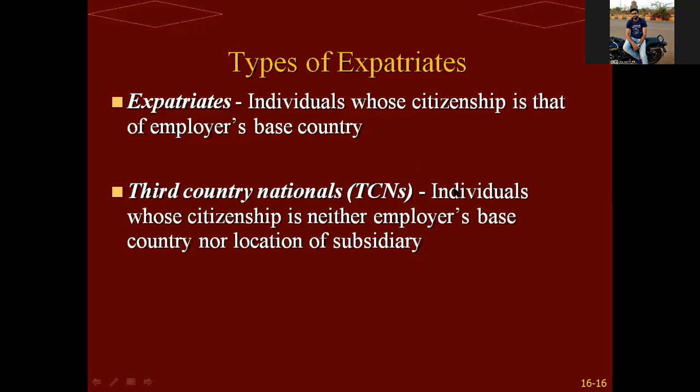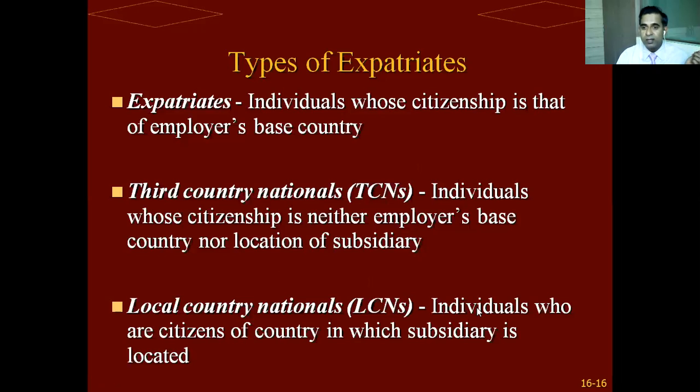Then local country nationals: individuals who are citizens of the country in which the subsidiary is located. Again, the same example. IBM has come to India and started its own software development centers, and many Indians are working in them.